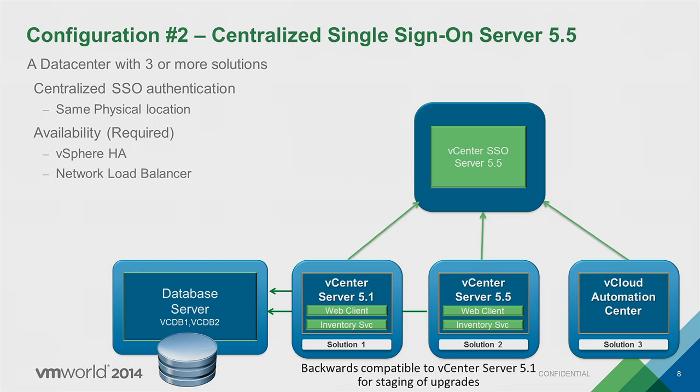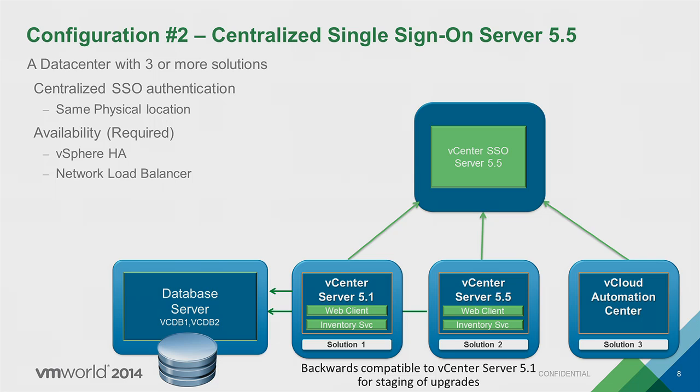We've changed that to 3. Okay? And there's valid reason for this. When we talk about availability, we want to reduce the dependencies. And so if we have SSO with the VC and we have vCAC or other VCs, we don't want to bring it all down. So offloading this falls into our forward strategy, which you're going to learn towards the end of this session.